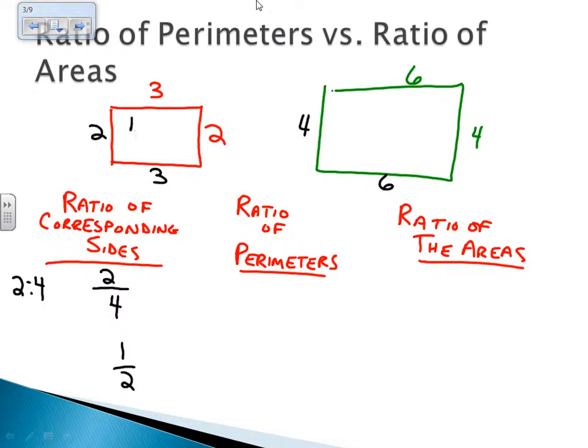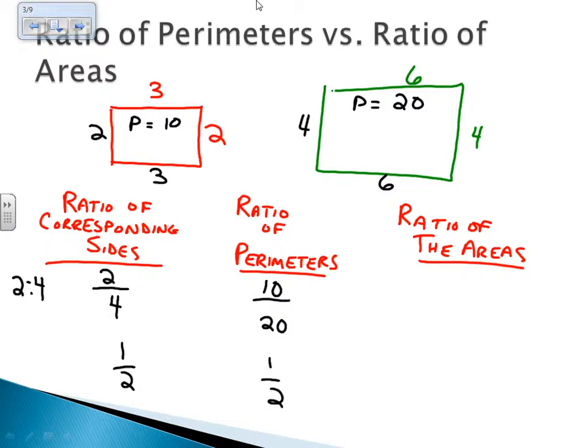So my perimeter for this one is going to be what? 10. And my perimeter for the green is going to be 20. So the ratio of my perimeters is going to be 10 over 20, which reduces to 1/2.